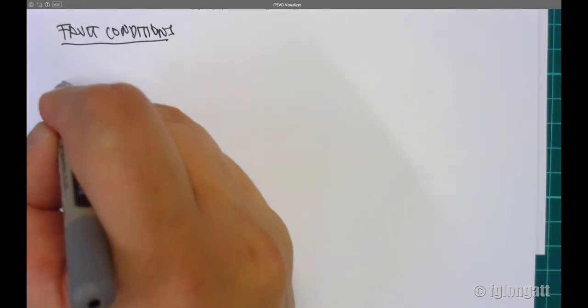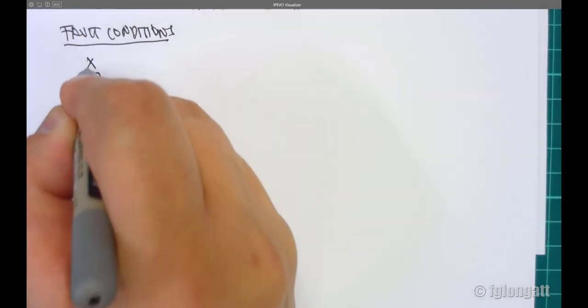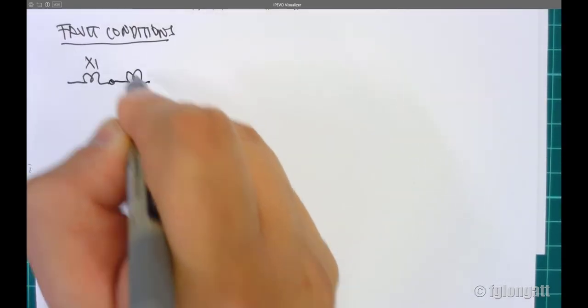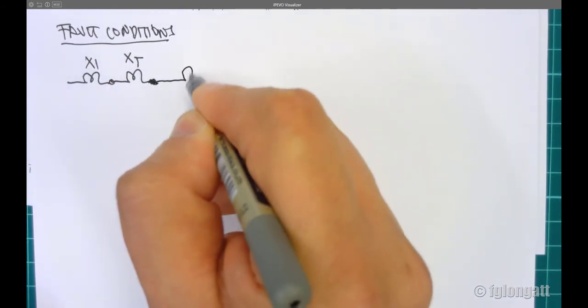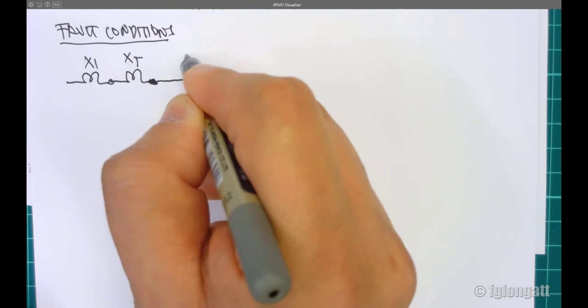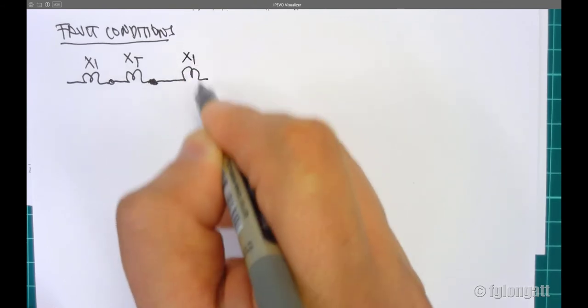During fault conditions, we have here the positive sequence, the transformer, and we have the positive sequence coming from the motor, yes?